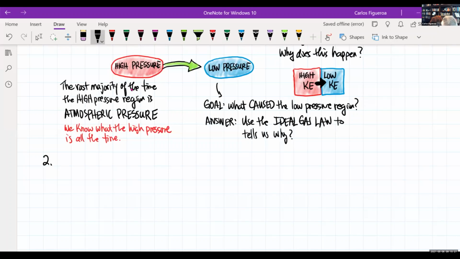So then the second concept that we need is the ideal gas law.